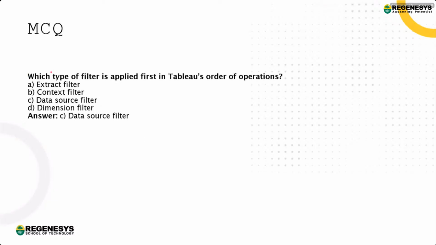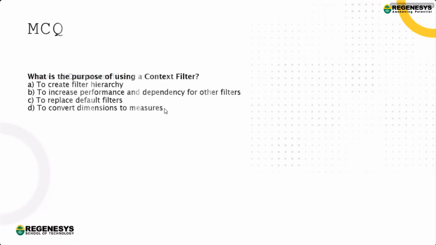Okay. The next is, which type of filter is applied first? Okay, I'm so sorry, I have given the output also. So that is data source filter. Now, what is the purpose of using context filter?